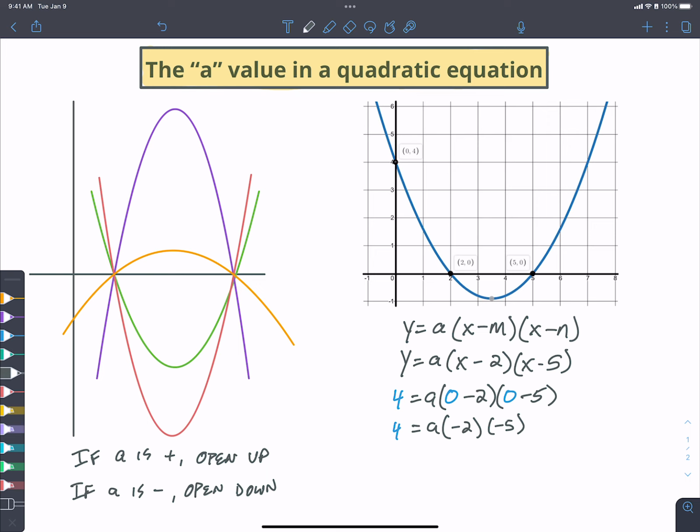So 4 equals a times, not negative, positive 10.